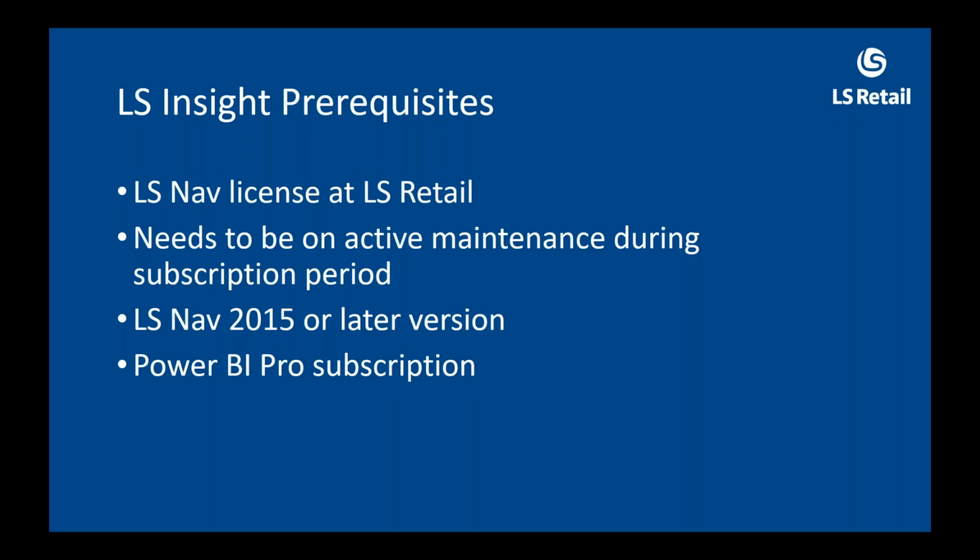It's not that you buy the license and then buy an update maybe 3 years later, 5 years later. No, we are in a continuous relationship where we are providing the service to you continuously. Therefore, you need to be on maintenance, as this is a continuous delivery. We offer this on 2015, 16, and 17, so you have to be on 2015 or later. This should plug in as it is.